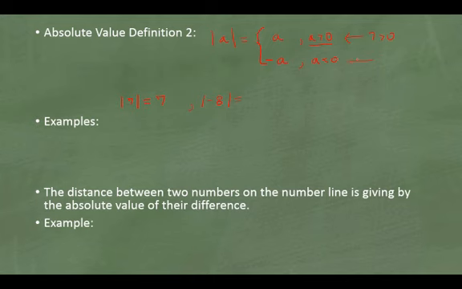According to this definition, negative 8 is less than 0. Negative 8 is less than 0. So the absolute value of negative 8 has to be a negative negative 8. In other words, positive 8. You see? So this just takes care of any negative numbers you might have by putting another negative sign in front of it.